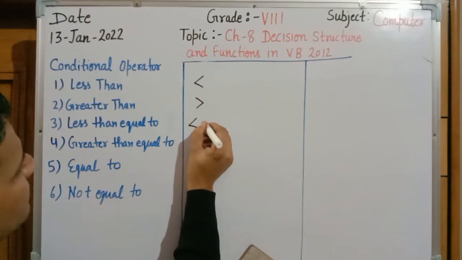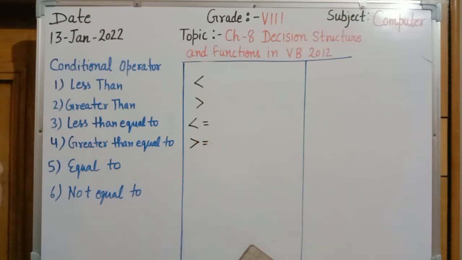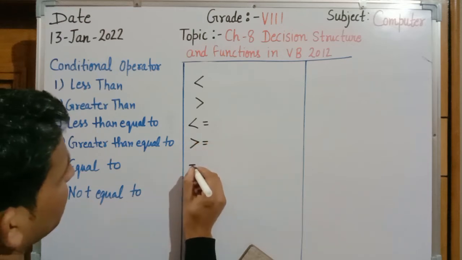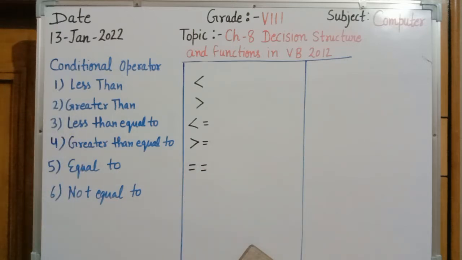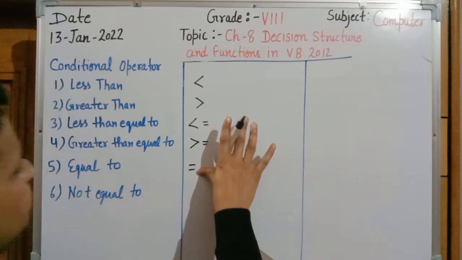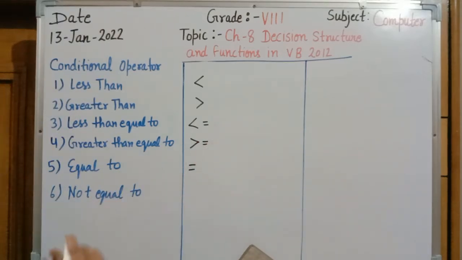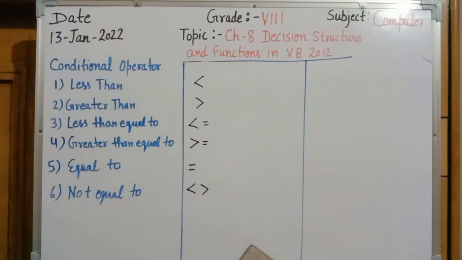Less than or equal to, this sign. Greater than or equal to, this sign. Equal to is the comparison sign, generally the double equal to operator, but we will discuss it in the next session. Before that we will discuss the simple equal to. Next is not equal to, that is this sign.